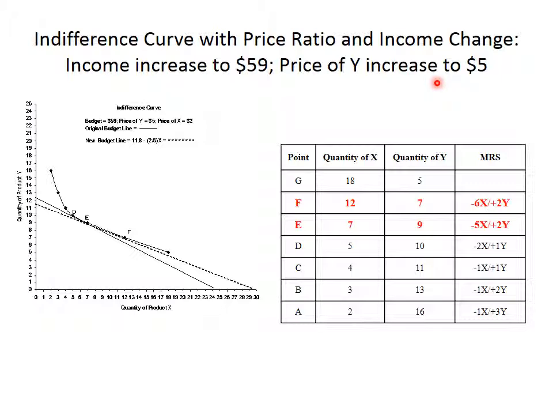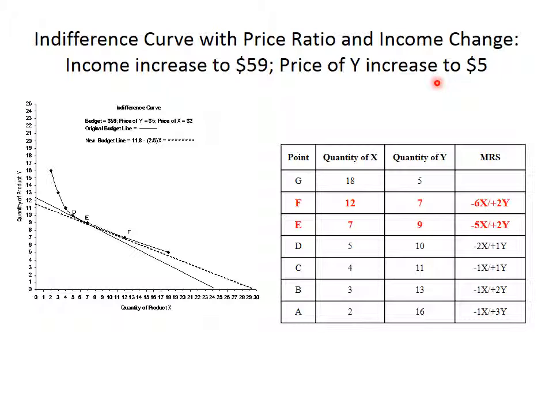What this means is it doesn't change the sacrifice ratio on our indifference curve. We're still sacrificing the same number of units, but it does change the point of utility maximization.